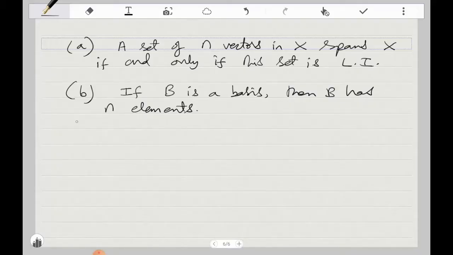And part C is the fact that you can start with any linearly independent set in X and enlarge it to get a basis.